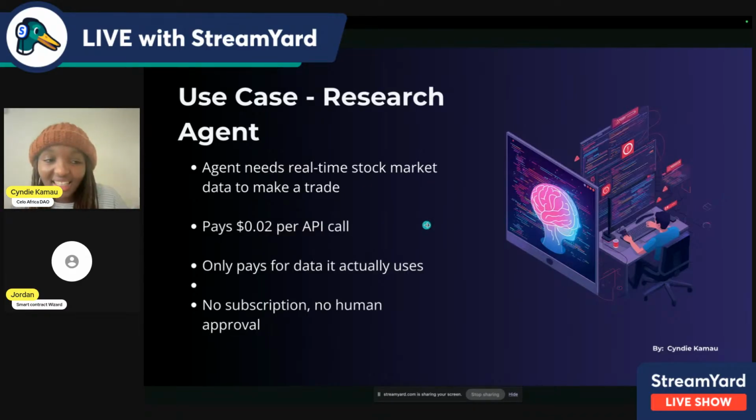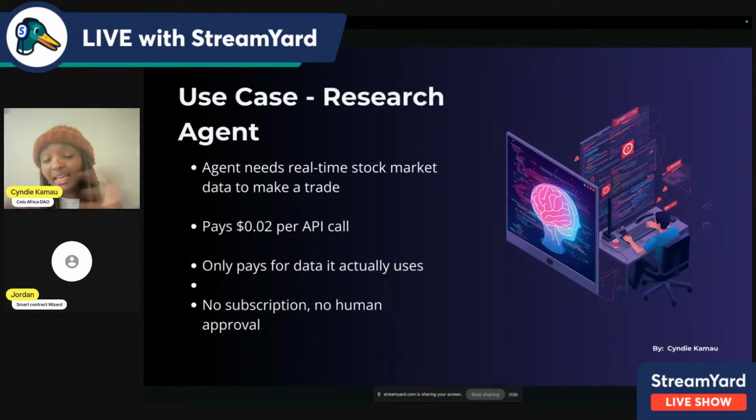Another example is a research agent, like a company such as Messari, a crypto research team. If they want the latest updates or blockchain data analysis, any use case, say the agent needs stock market data so it can analyze and see if it wants to make a trade, it pays per API call.